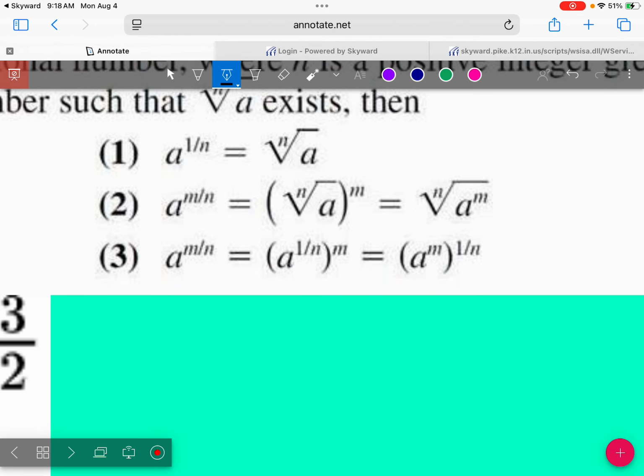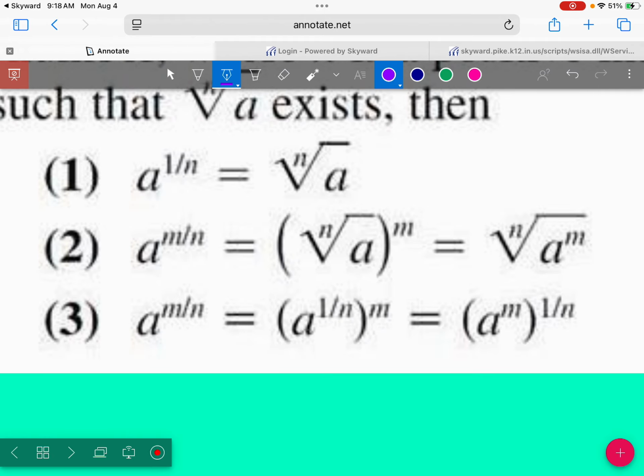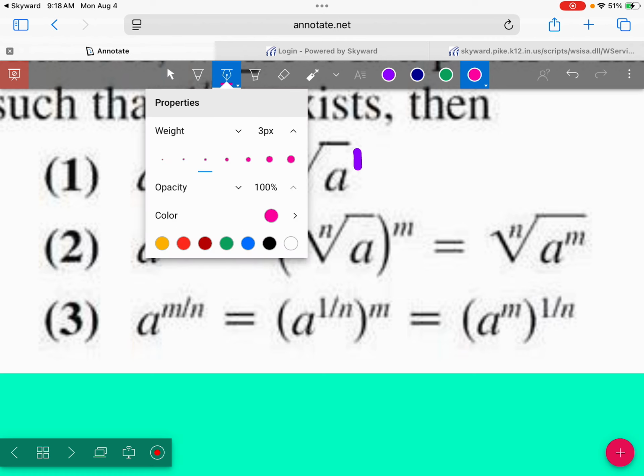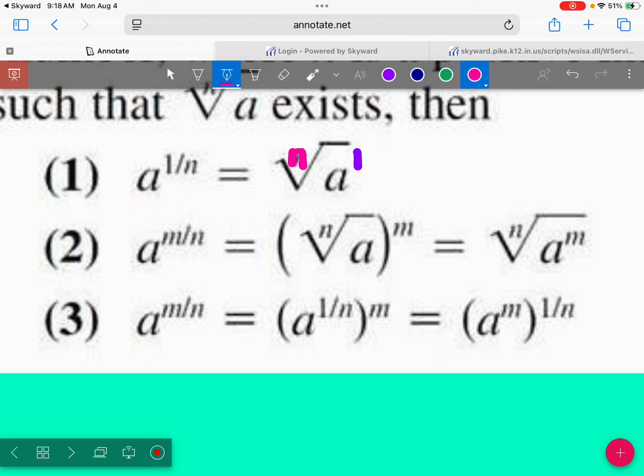So when we have a root of any kind, whatever the index is written as the denominator for the power. So if we have a to the first with an index of n, that's where we're getting this 1 over n.